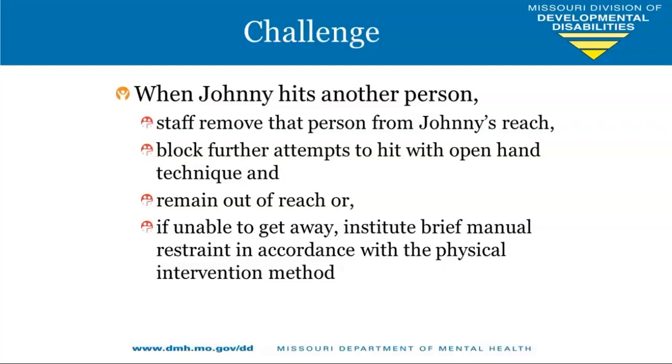If there are things to not do, like don't do this hold, then you could indicate that. But to make it as efficient and as concise as possible, I'm not really sure there's value in duplicating step-by-step how to do a restraint if they are already competent and know how to do it. And the other reason why I think that as well is if you have somebody who's not competent or hasn't been trained or not certified in NCI or MANT, you would not want them to read the safety crisis plan with the behavior support plan and say, oh, well, I know how to go grab this person now.